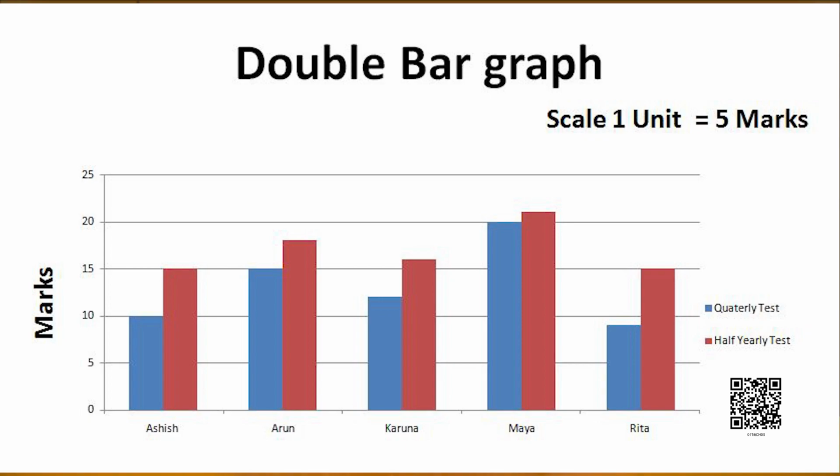Alright, so I can see this graph now, the quarterly and half yearly marks graph. This is telling me in which test they performed better, just by looking at the graph. So this is called a double bar graph. Two things together we are representing in a double bar graph.